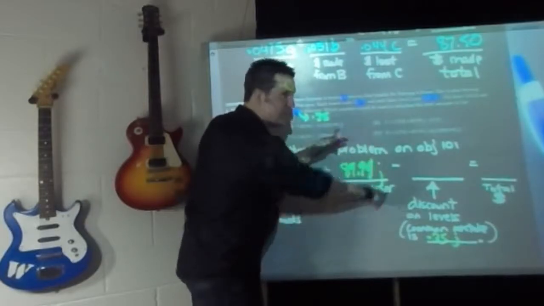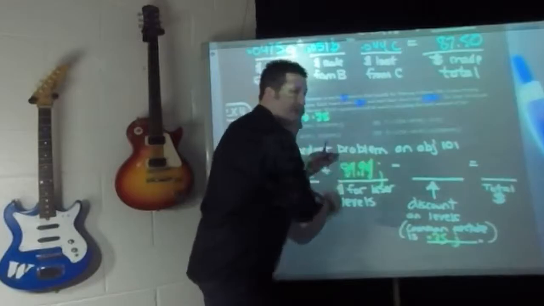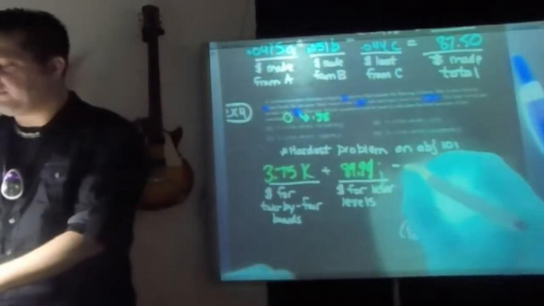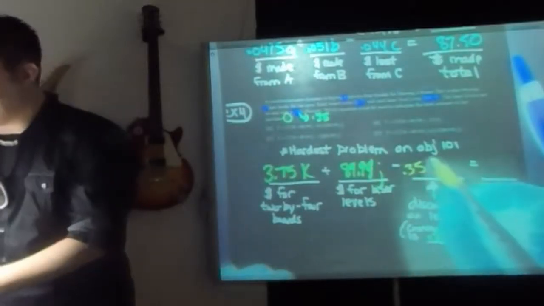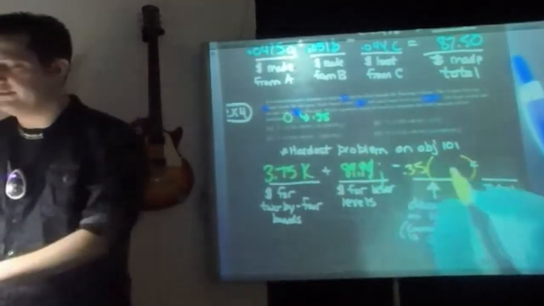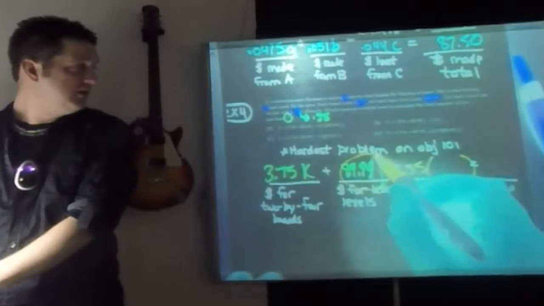We want to take 35% off of this combined. So we're going to put 0.35 in there, but not 0.35J, not 35 cents off of every laser level, 35% of this. Copy it.